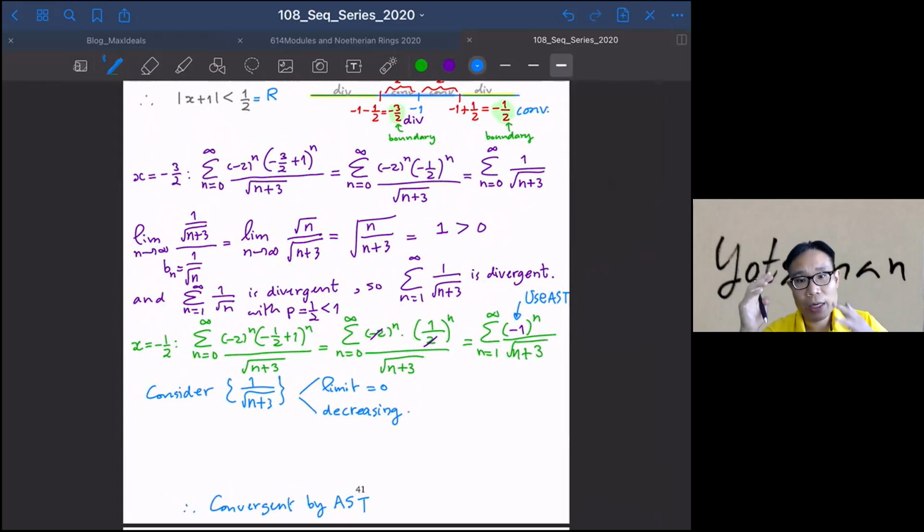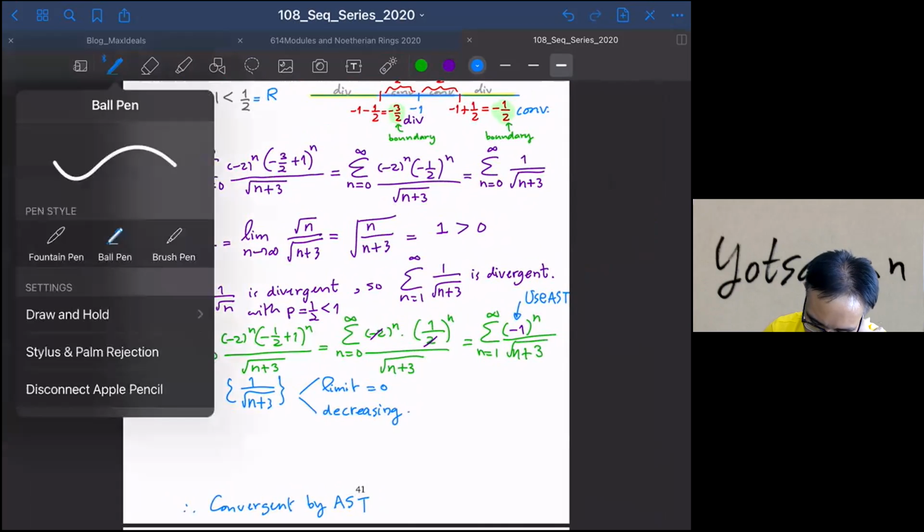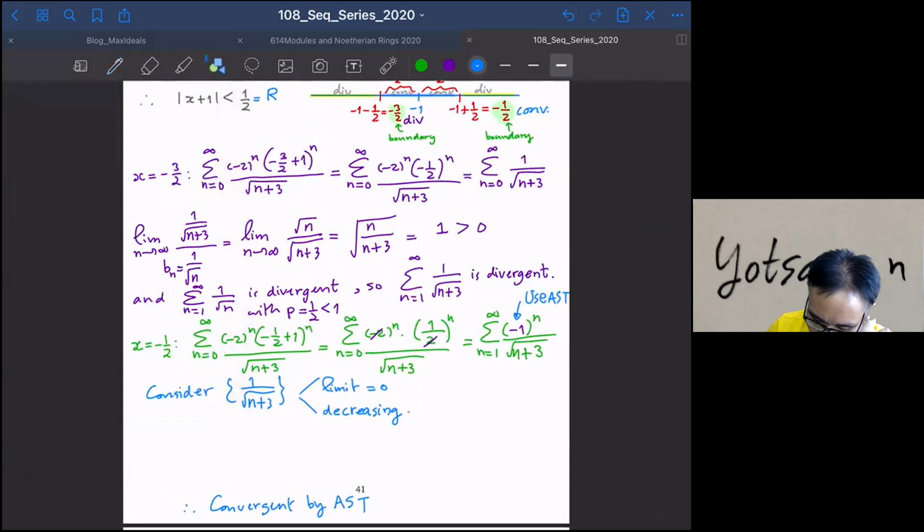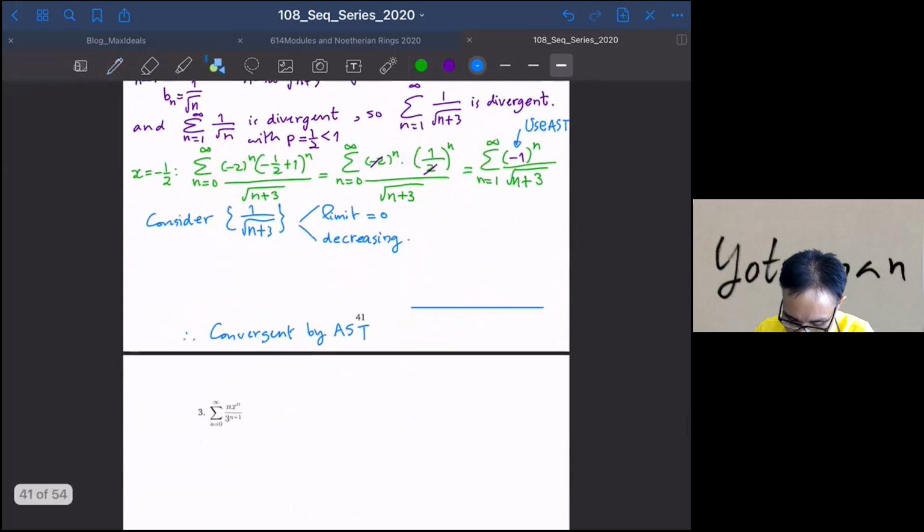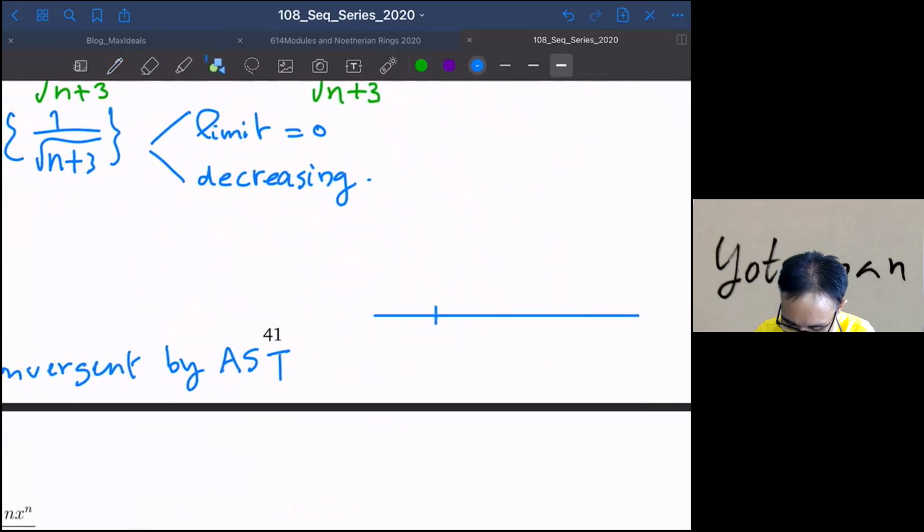So it turned out to be divergence at negative 3 over 2, and convergence at negative 1 over 2. So the interval of convergence: you have the point negative 3 over 2, you have the point negative 1/2, you have negative 1 in the middle, you have R equal to 1/2.